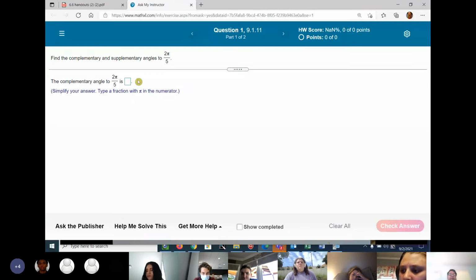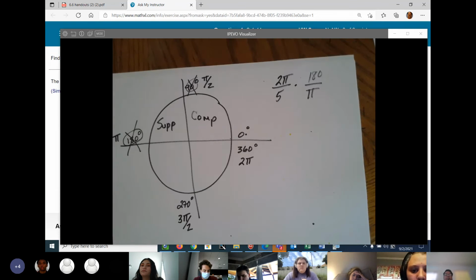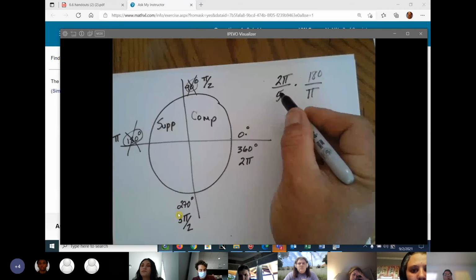Okay, 2 pi over 5. So what do we need to do? Well, if you wanted to know what 2 pi over 5 was, you could also do this. 2 pi over 5 times 180 over pi. This is how you go from radians to degrees.